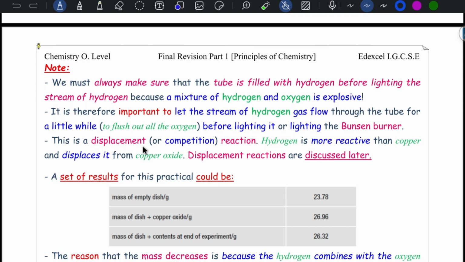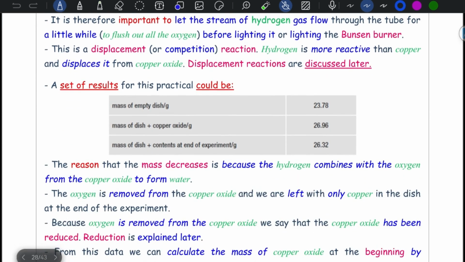This is a displacement reaction, or competition reaction. Hydrogen is more reactive than copper, so it displaces copper from copper oxide. Displacement reactions will be discussed later. We have a set of results, as we mentioned: the empty dish, the dish plus copper oxide, and the mass of the dish plus contents at the end of the experiment.